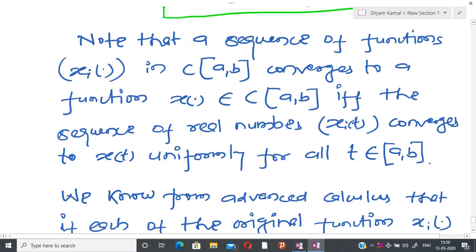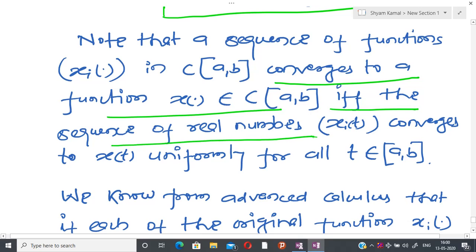Note that a sequence of functions, since the function changes with respect to time and time changes in the interval A to B, converges to a function. Since we are talking about convergence, we are assuming that the function converges to some function. Similarly, a vector converges to a vector, a matrix converges to a matrix. For this reason we talk about convergence of a function if the sequence of real numbers, because this is a one-dimensional function.